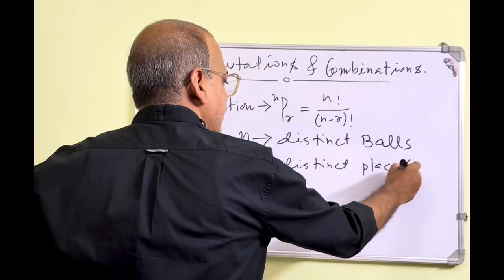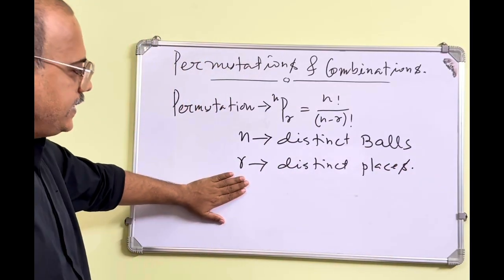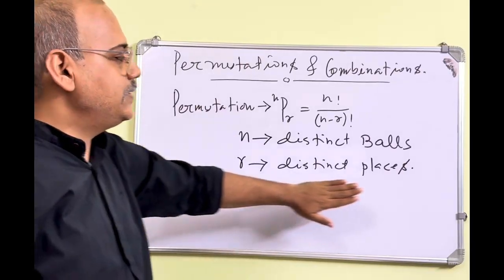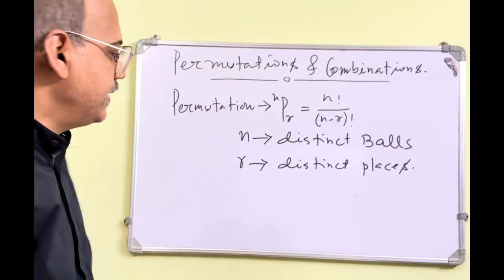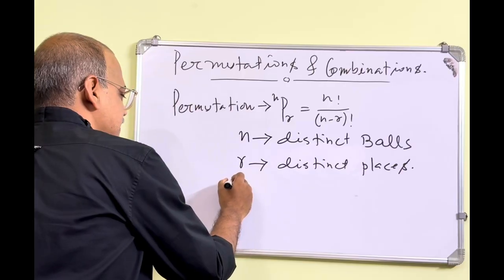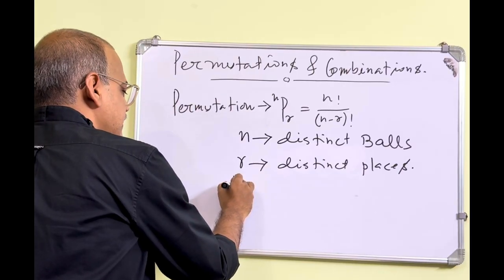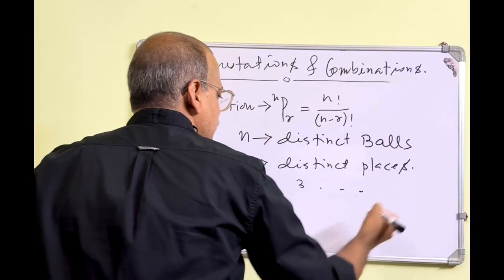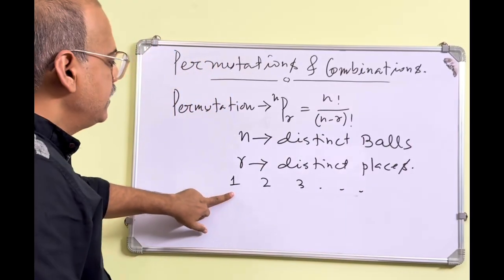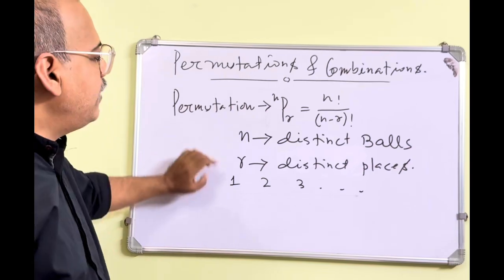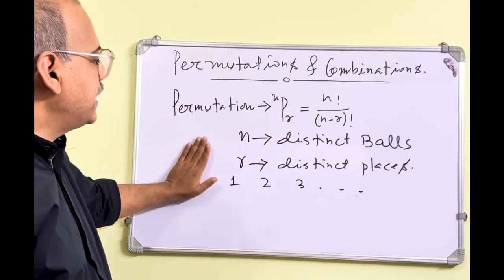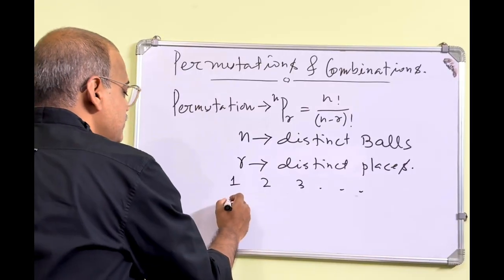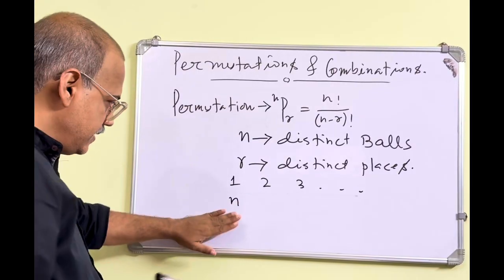I need to place n distinct balls into r distinct places. How many different ways can I place them? Let's say these are place 1, 2, 3, and so on. For the first place, how many ways can I fill this? I have n distinct balls, so I can choose any one of the n balls. So I can fill this position in n ways.